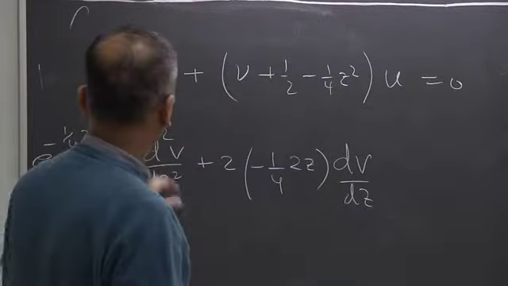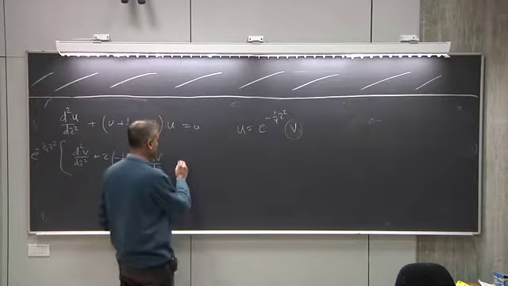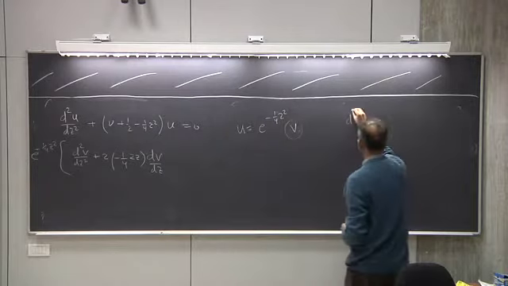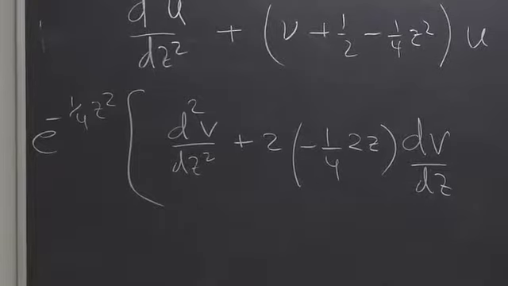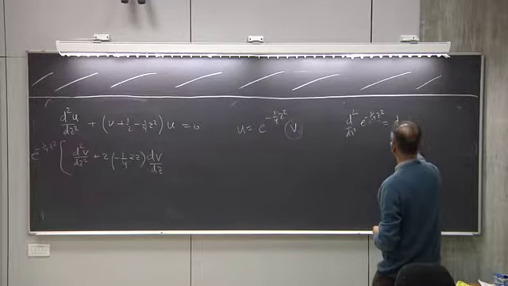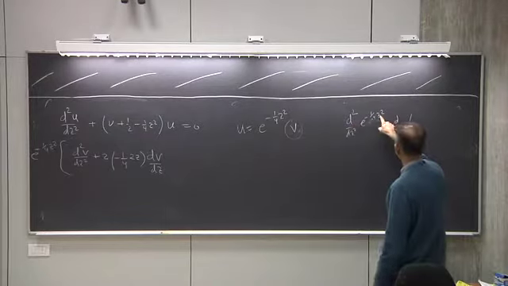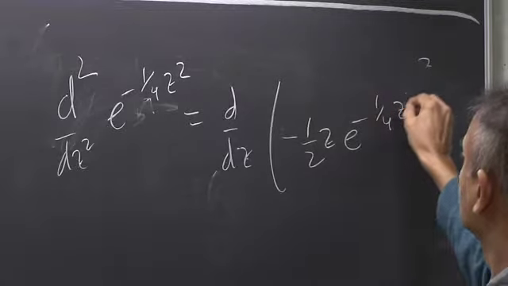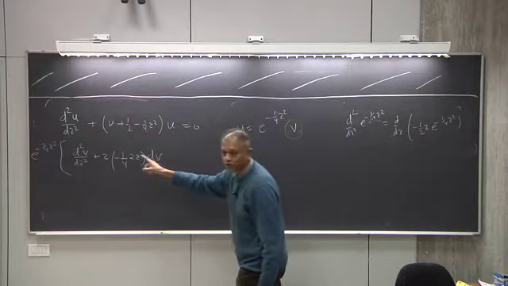And finally, there will be a term when both derivatives hit the exponential. If the two derivatives hit here, d2 by dz2 of e to the minus 1/4 z square is the same as d by dz acting on minus half z e to the minus 1/4 z square, correct? Because this minus half just came from minus 1/4 times 2.